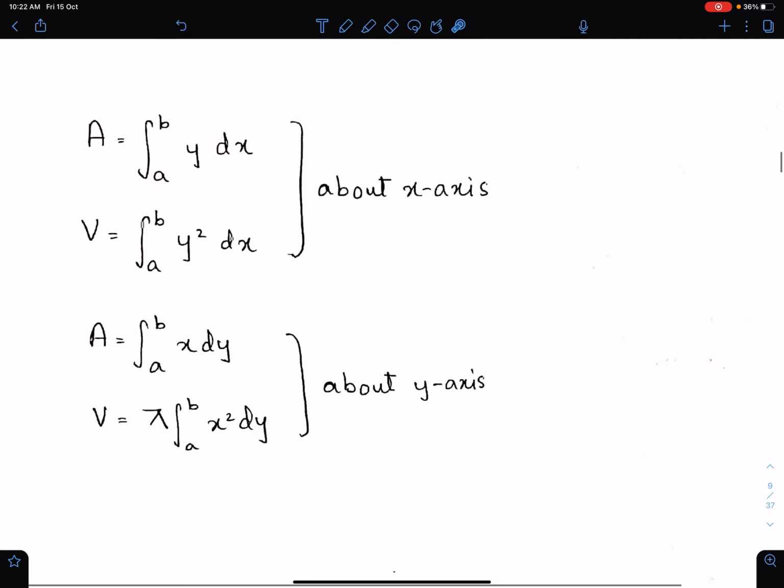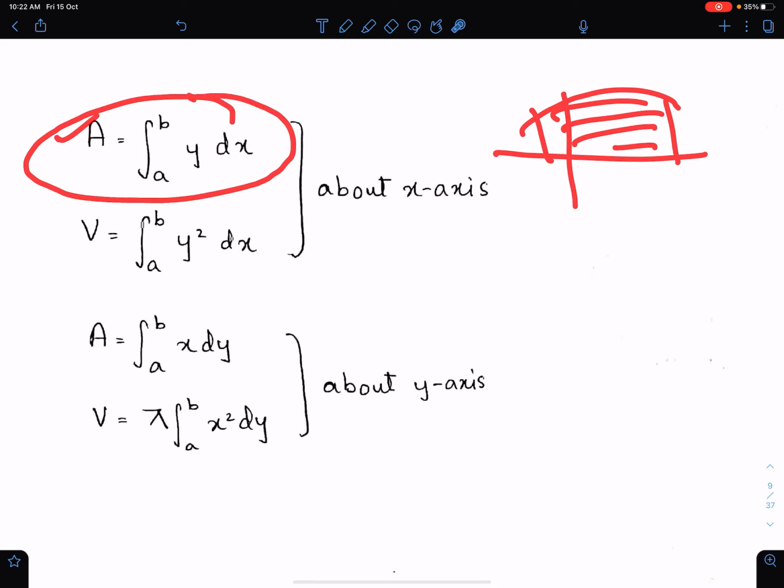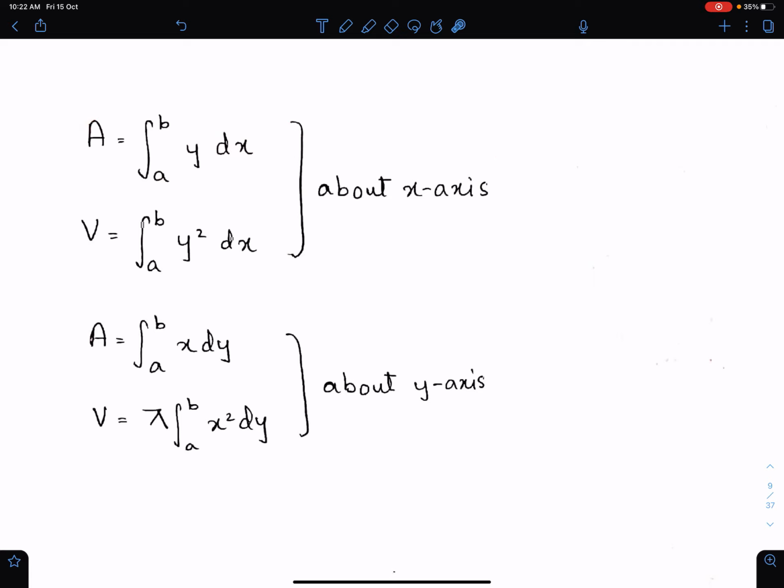Applications of integration. If you need area, like this area, then you have to use this formula: area between curve and x-axis. And if you need volume, then you need to use this formula.